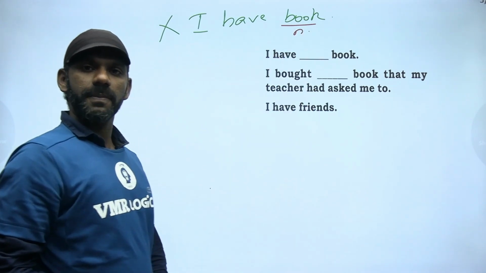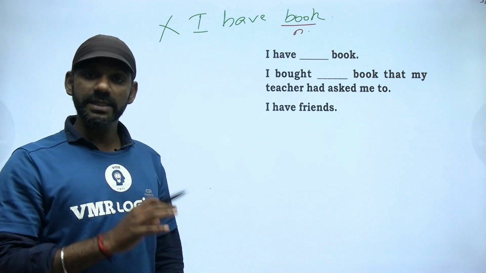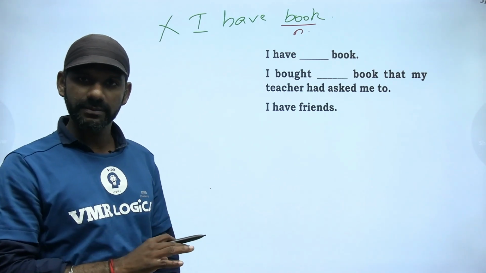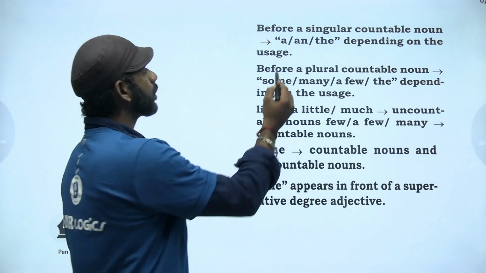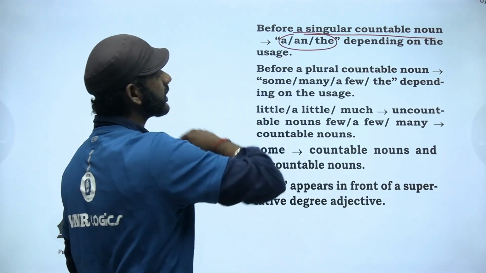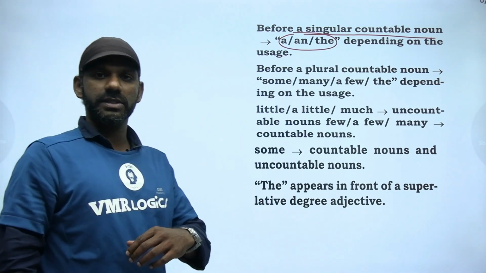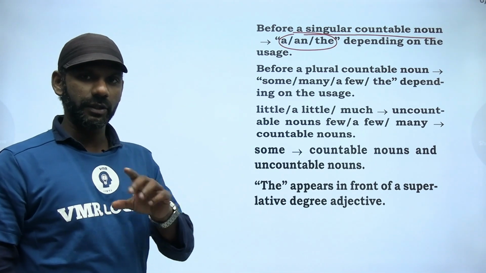Countable, uncountable? Countable. Singular, plural? Singular. So book is a singular countable noun, right? The rule is this. Before a singular countable noun, there will be a, an or the depending on the usage.